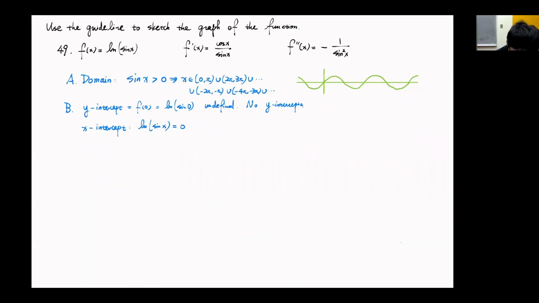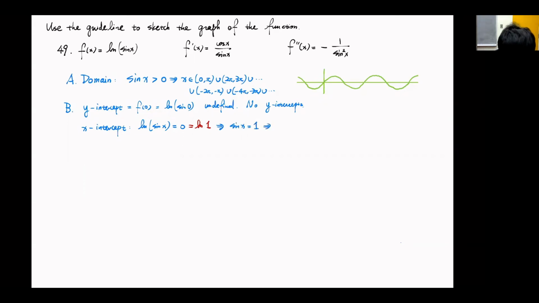A word of caution: this does not imply that sine of x equals 0. Instead, you should recognize that 0 is natural log of 1. So natural log of sine of x equals 0 implies that sine of x equals 1.